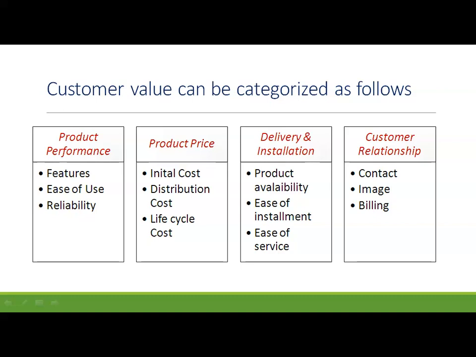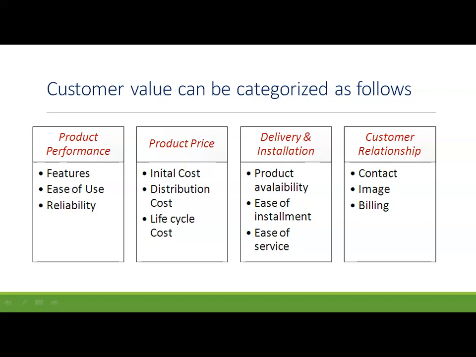Next is product price. So what is the initial cost of the product? Then what is the distribution cost? And what is the life cycle cost? Life cycle cost relates to the product life cycle concept, which we will see in the coming lectures. Initially the product has an introduction stage, then it goes to the growth stage, then the maturity stage, and after that the product declines from the market.